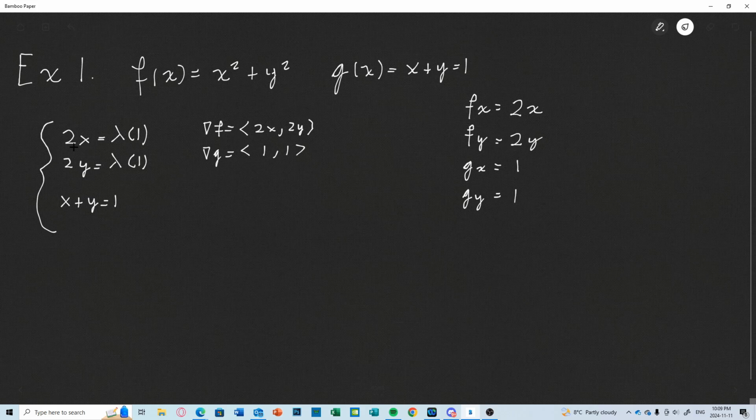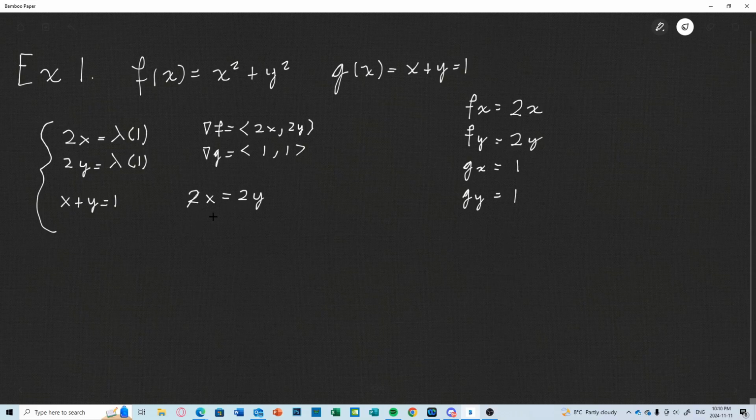For this example it's quite easy, because we get to set 2x equal to 2y, since as you can see they both equal lambda, which means we can set the equations equal to each other.